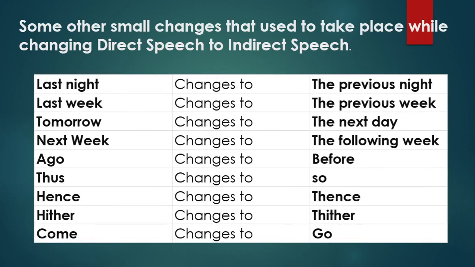Last night changes to the previous night, last week changes to the previous week, tomorrow changes to the next day, next week changes to the following week, ago changes to before, thus changes to so. Hence changes to thence, hither changes to thither, come changes to go.